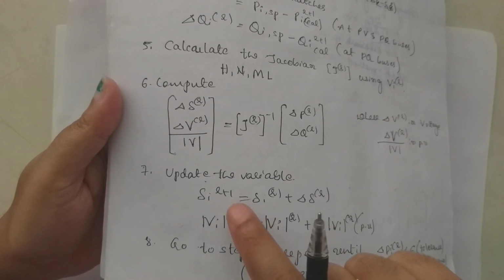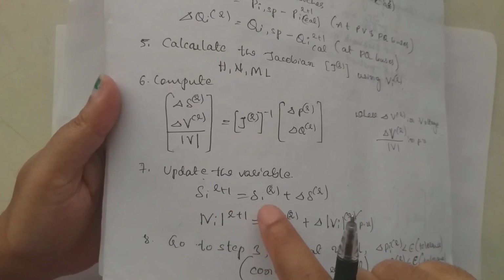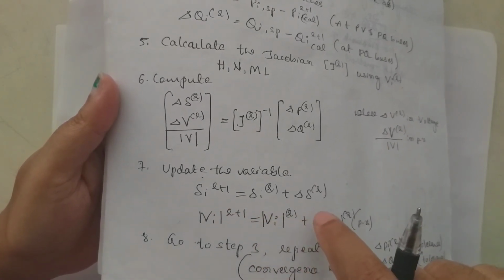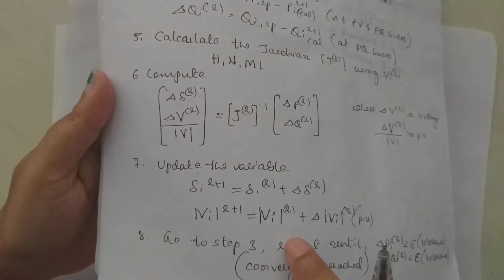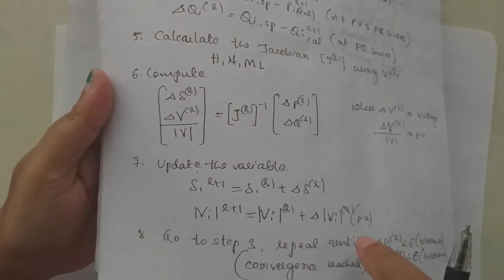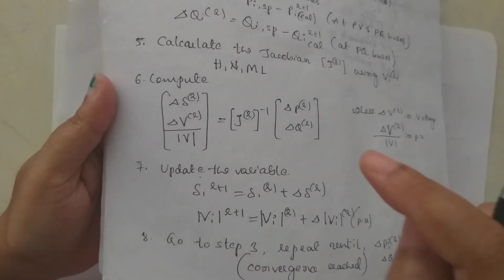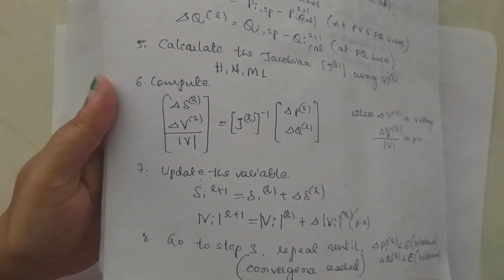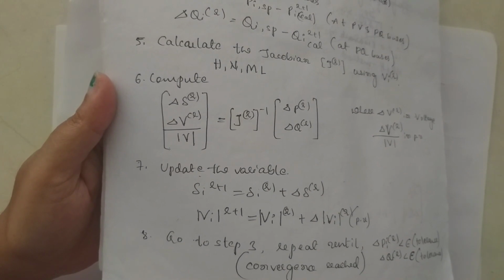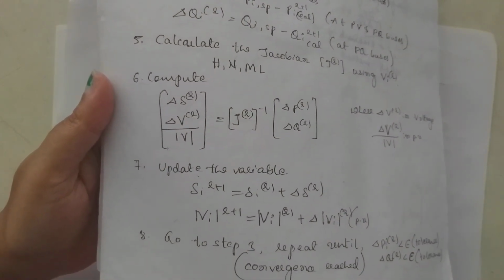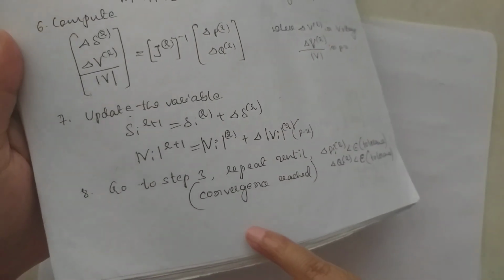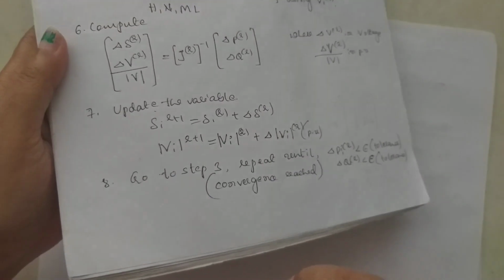Delta i at r plus 1 equals delta i at r plus delta delta, and Vi at r plus 1 equals Vi at r plus delta Vi. Again go to step 3 and repeat until delta Pi and delta Qi are less than the tolerance. Unless it converges, you have to follow the procedure. Thank you.